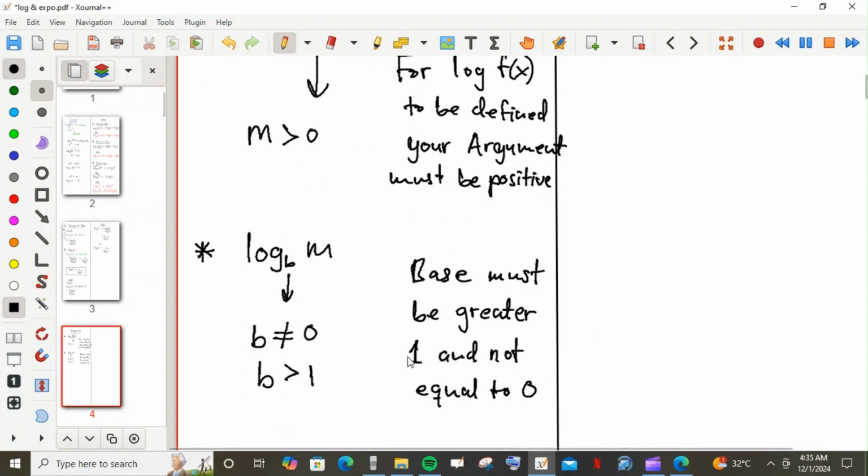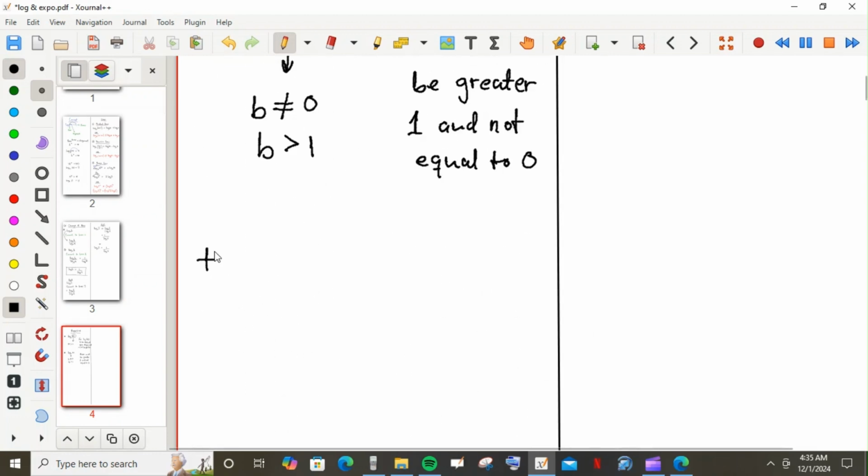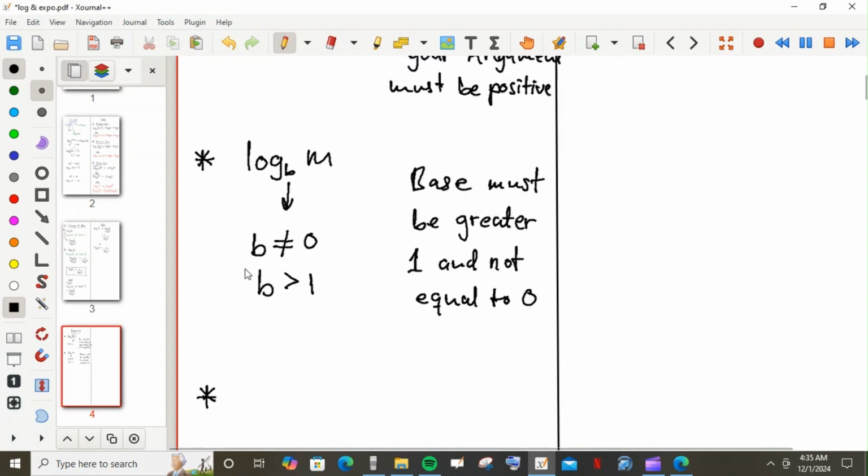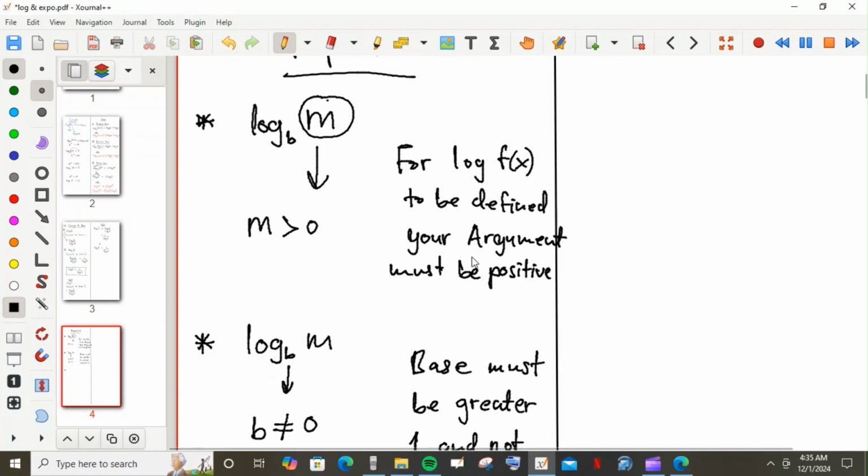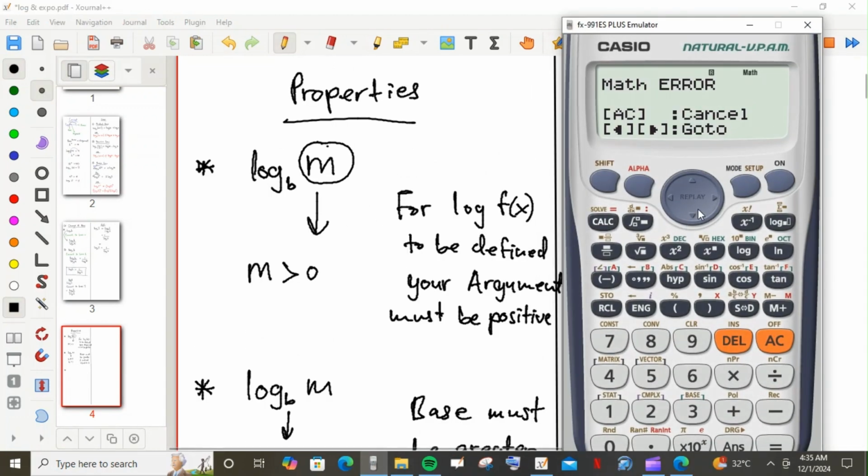Now, another important thing that you need to know. Let me show you the previous one. What if my argument is a negative number, let's say negative 1? Let's see what the calculator tells us. You see, we can't solve it.